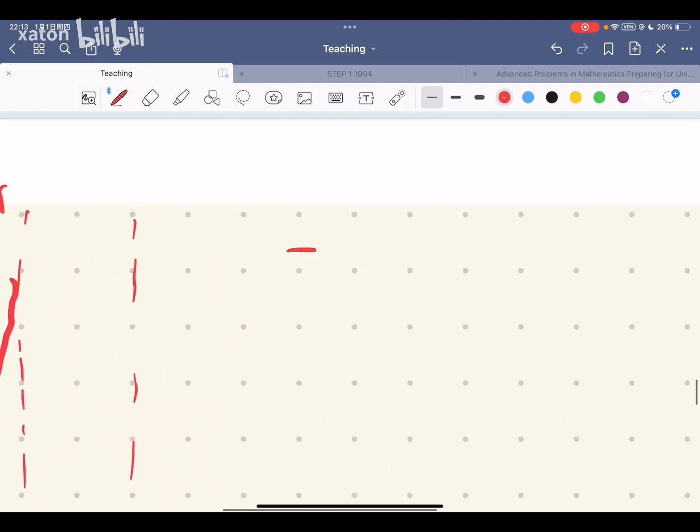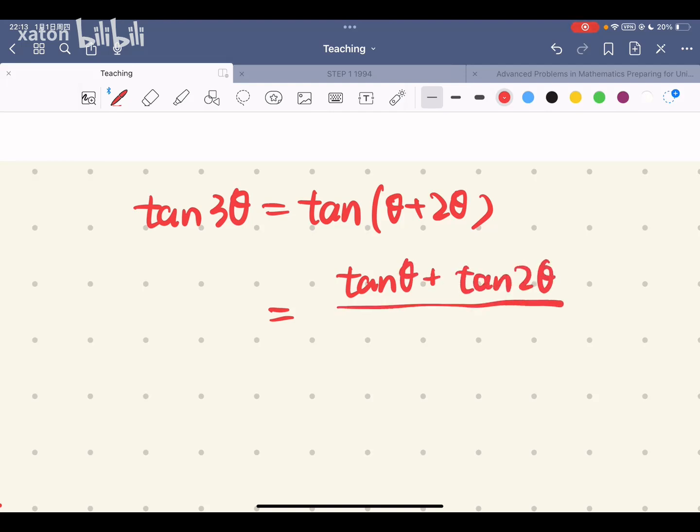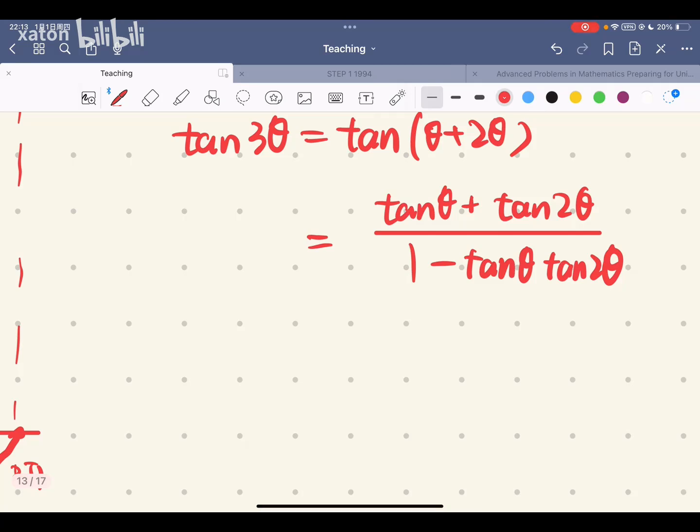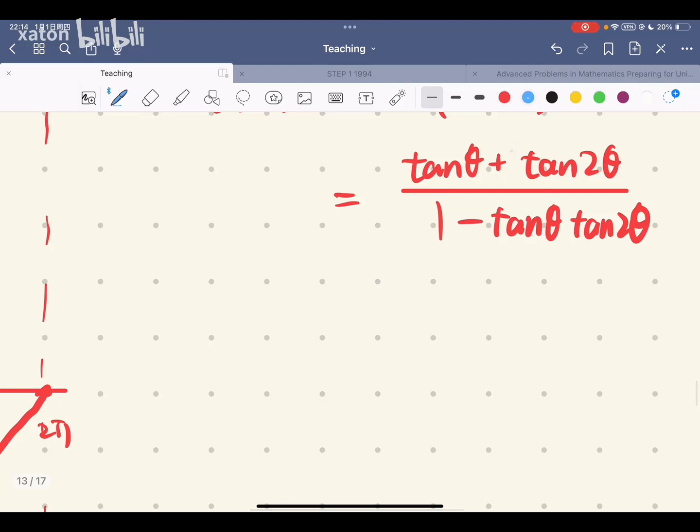Tangent 3 theta obviously equals tangent of theta plus 2 theta. It will be tangent theta plus tangent 2 theta over 1 minus tangent theta times tangent 2 theta. Here we realize that we are going to write tangent theta a lot, so to make the writing easier, we let tangent theta equal t.